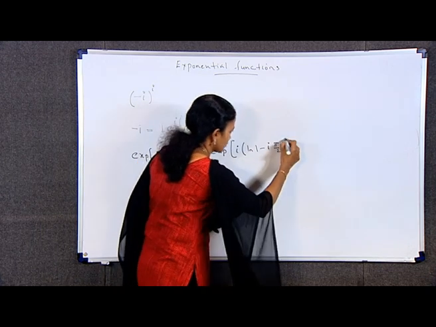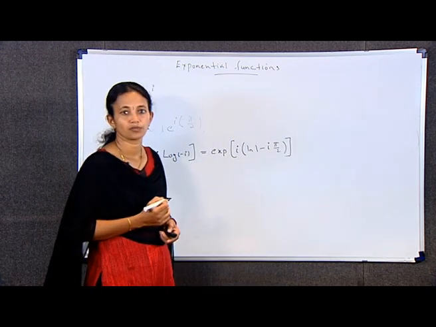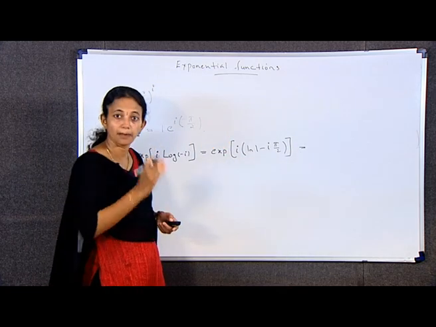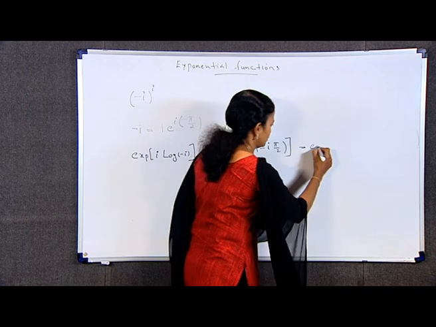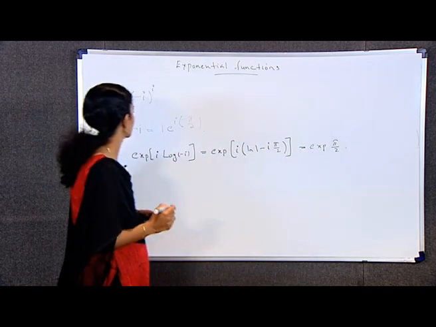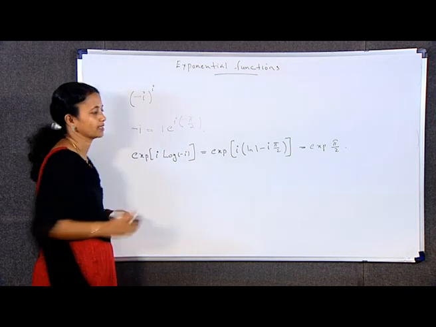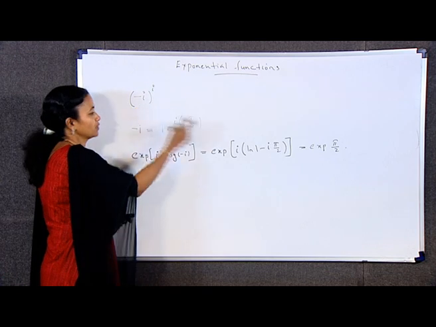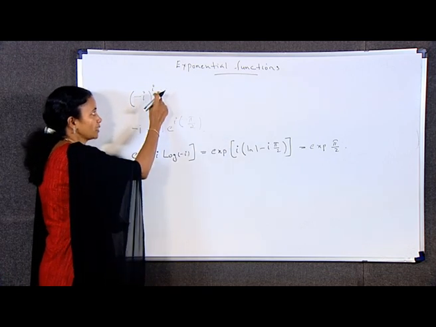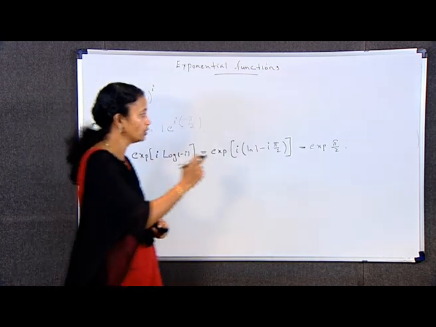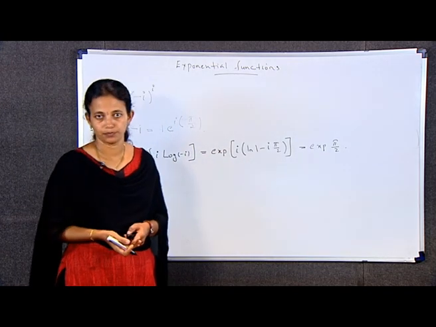Here also I have to close this bracket, which is equal to exponential pi by 2. So minus I raised to I is equal to exponential pi by 2. That is the principal value.